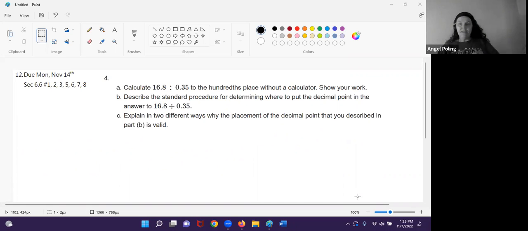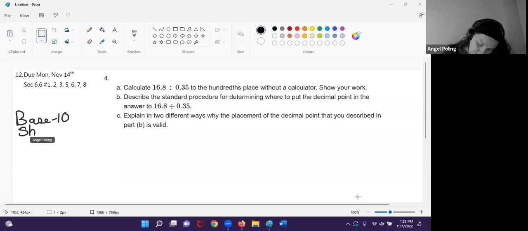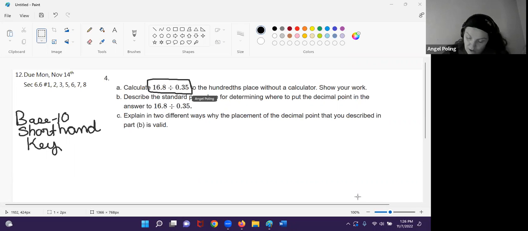So every time you use base 10 shorthand, you have to use a key, right? So base 10 shorthand, and then we need a key. We are trying to divide two values. The smallest place value here is a 0.01.